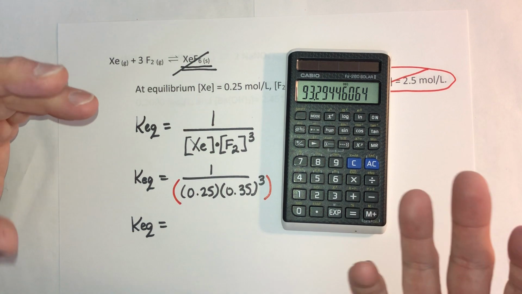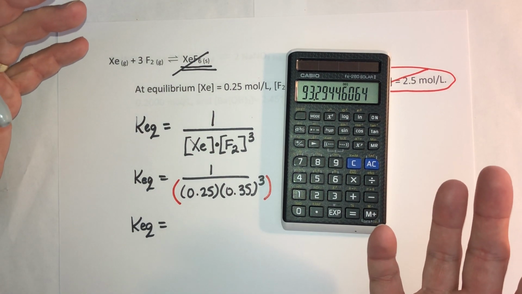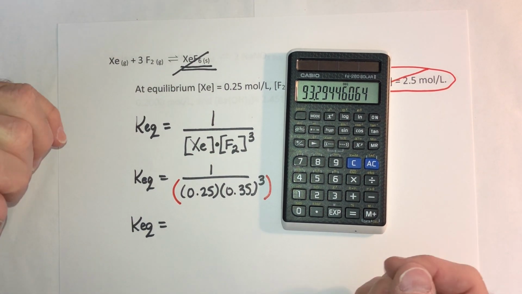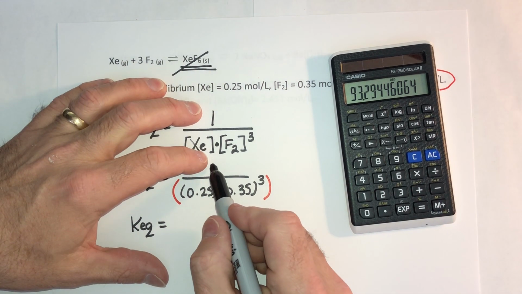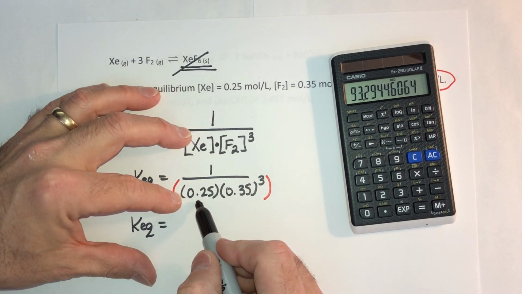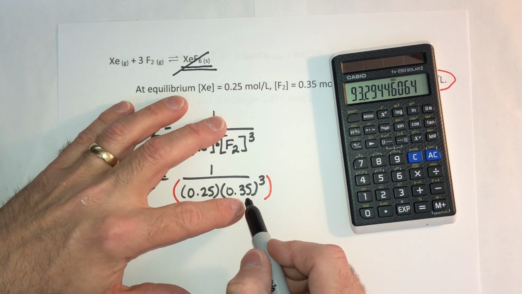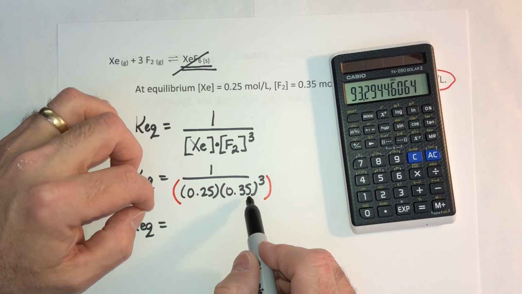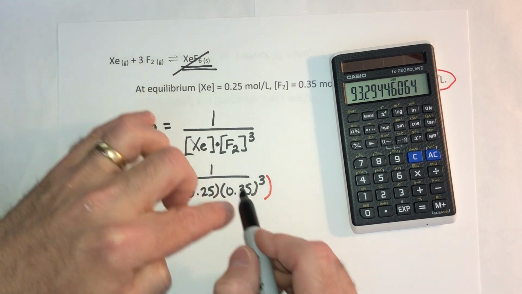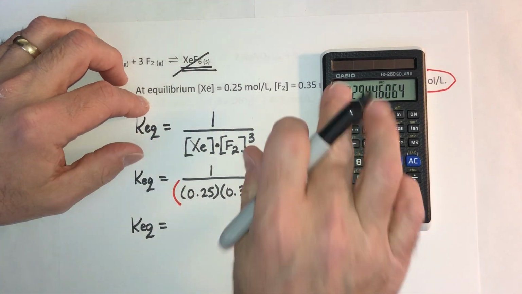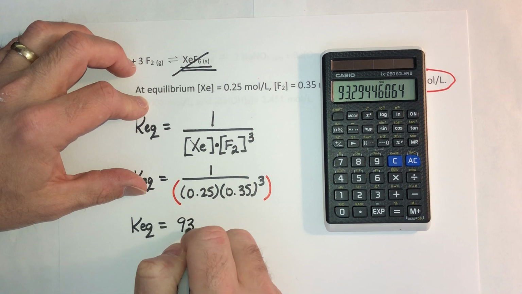Now, if you are not really happy about using brackets, there is a way around it. This 1 is divided by the 0.25, but this 1 is also divided by the 0.35. They're both in the denominator, so the 1 is divided by both of them. Okay, so when I use my brackets, I got an answer of 93.3.